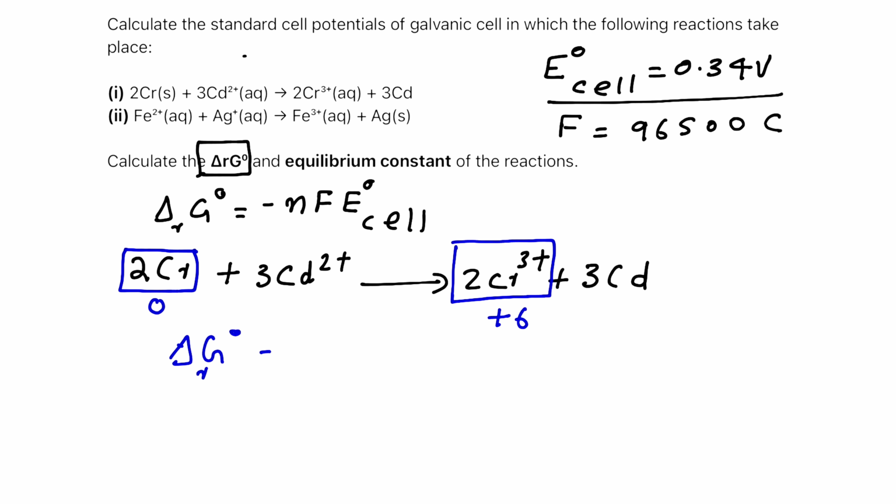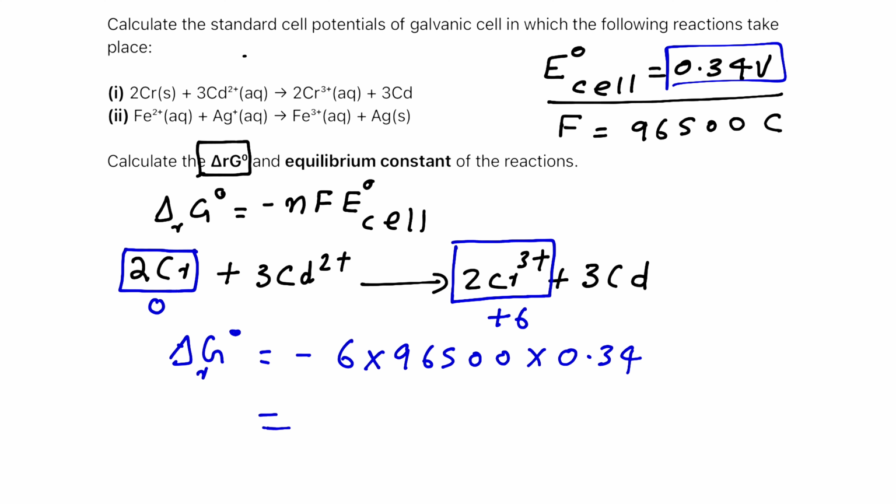Now directly write the equation. Delta G standard is equal to minus 6 into 96500 into, what is the E0 cell value? 0.34. Easy. Substituting, you will get minus 196,860 joule per mole.